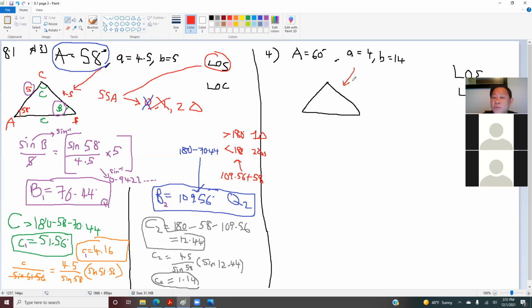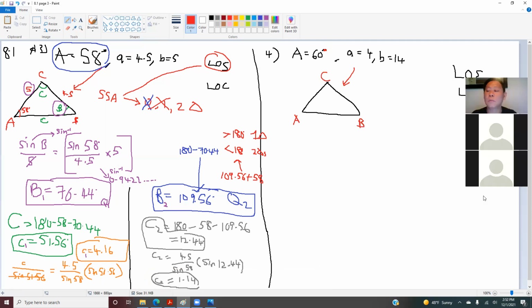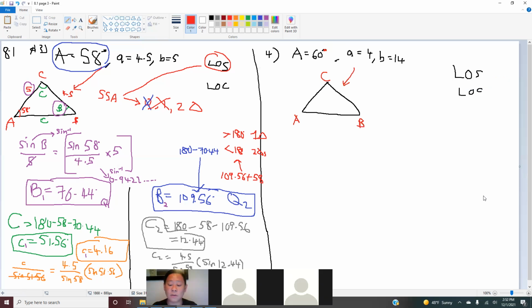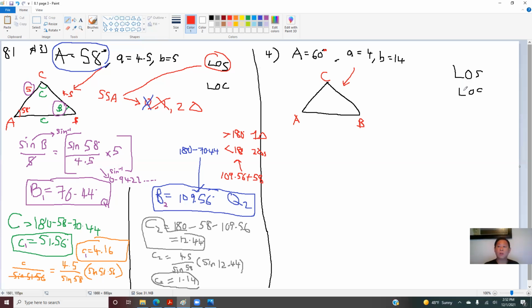I want you guys to try question 4 here. A is 60 degrees, little a is 4, little b is 14. Tell me what kind of triangle this is, and also tell me what law to use. I think this looks exactly like the one here, so this is 60 degrees with different numbers, 4 here and 14.